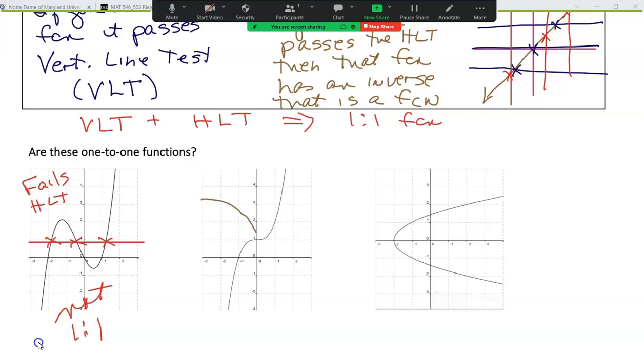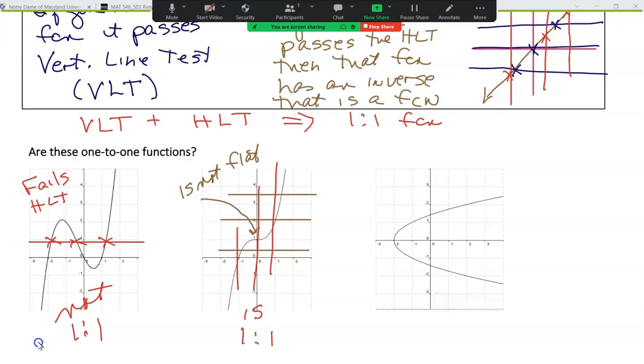This section right here is not flat. So therefore, when you draw your horizontal lines, you actually don't hit multiple places. Okay, so I just need to point that out. If you would zoom in, you'd see that on a graphing calculator. So this passes both tests, vertical and horizontal. So this is one-to-one.